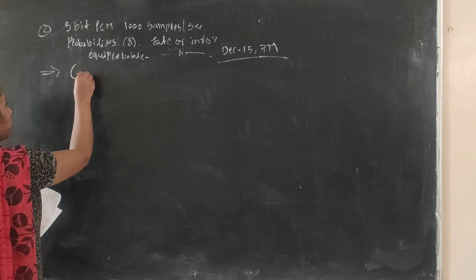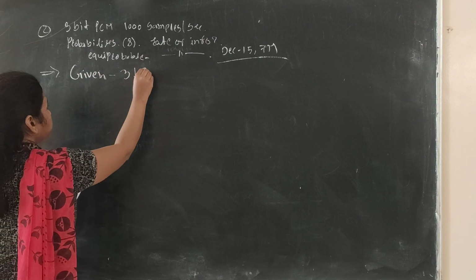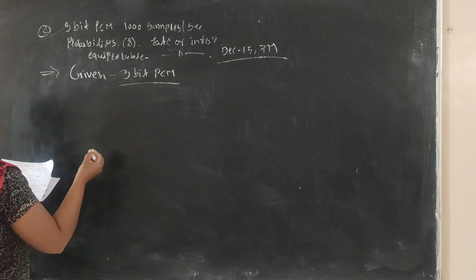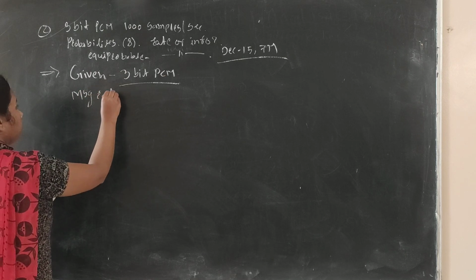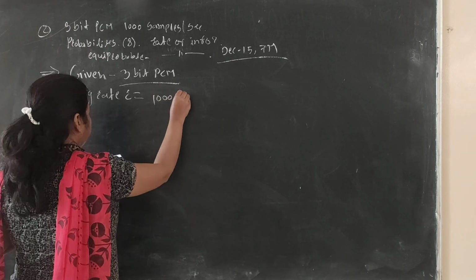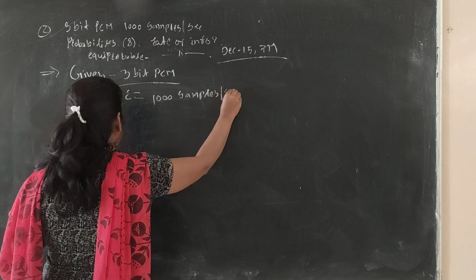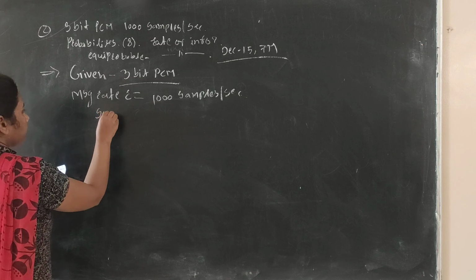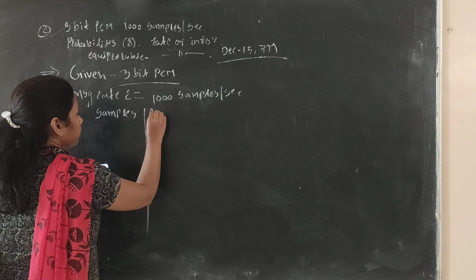Now we will take the given data. In the given data, it is a 3-bit PCM system, which is important, and the message rate r is equal to 1000 samples per second. Now we have to write down the samples and the probabilities.